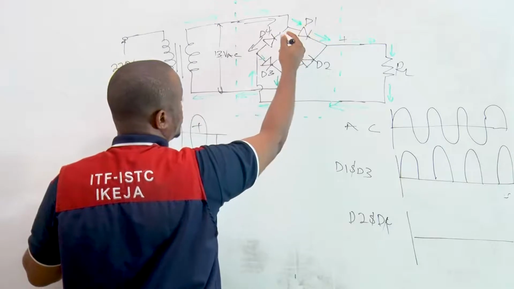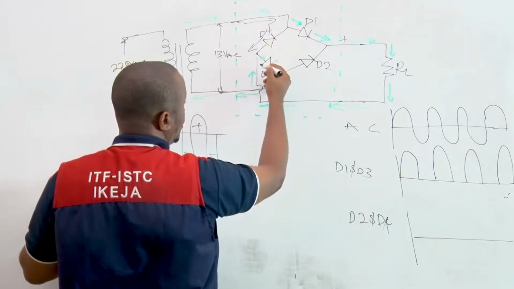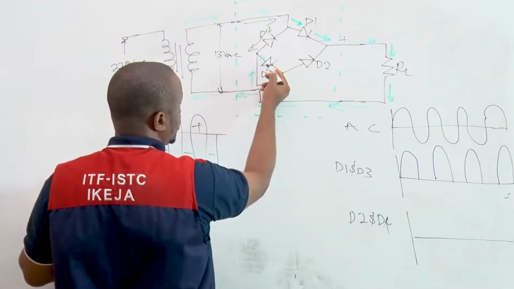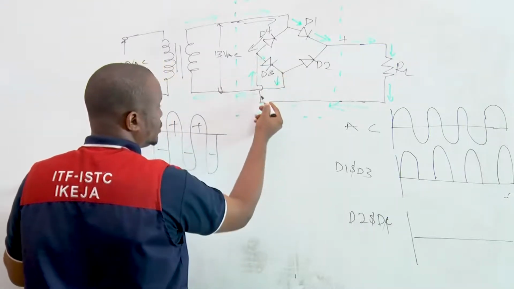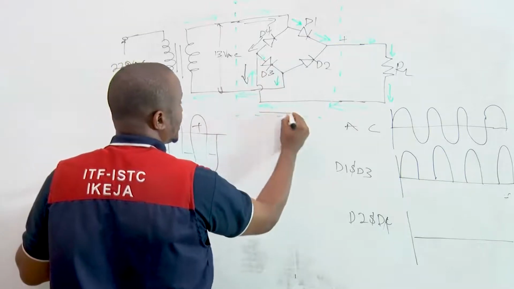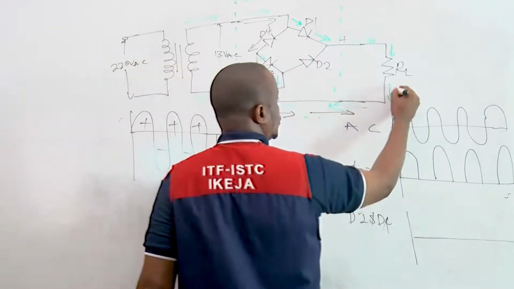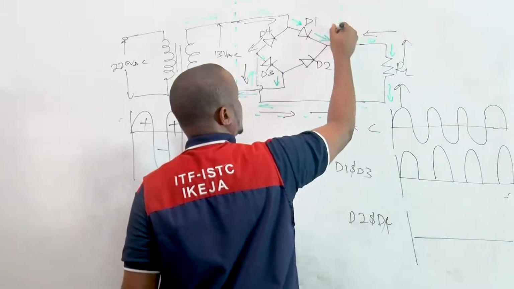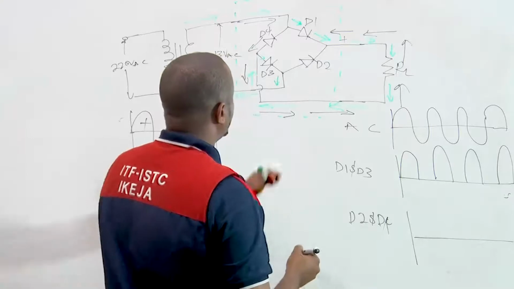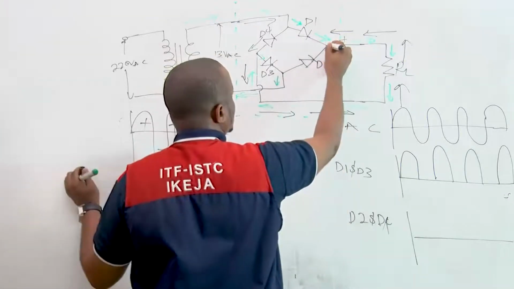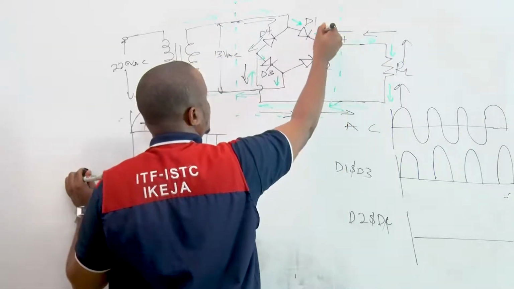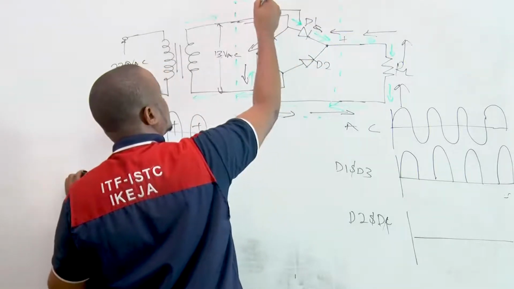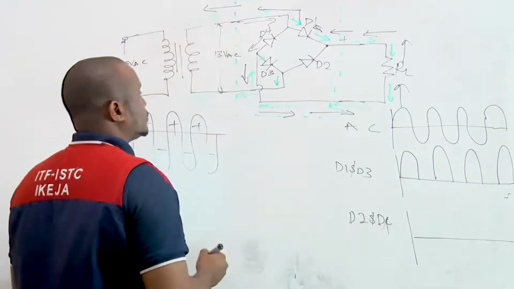It flows this way and comes down this way, because if it attempts to go in through here, this will also be reverse biased. So it goes this way, follow the black marker, goes through the load, and also flows through D4, and then comes back to the load. So this is how it's going to flow.